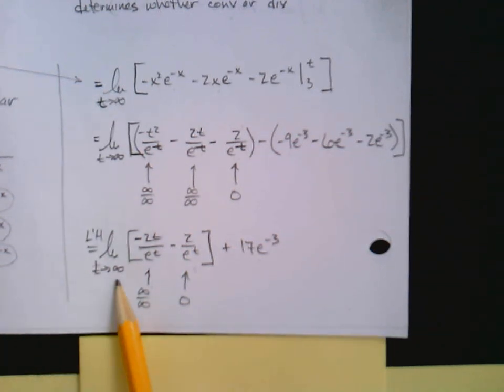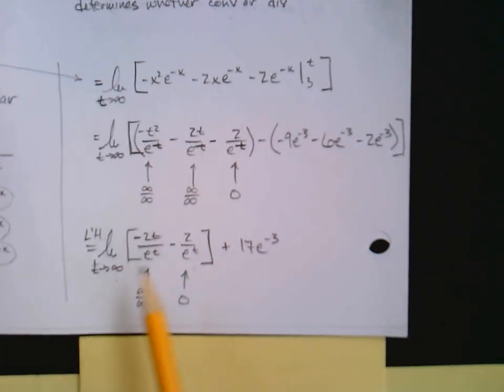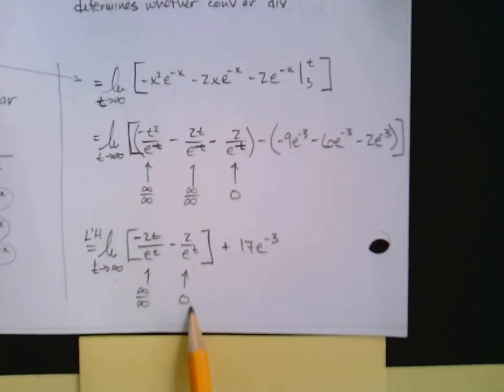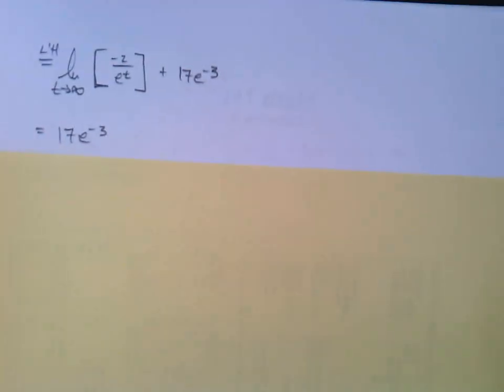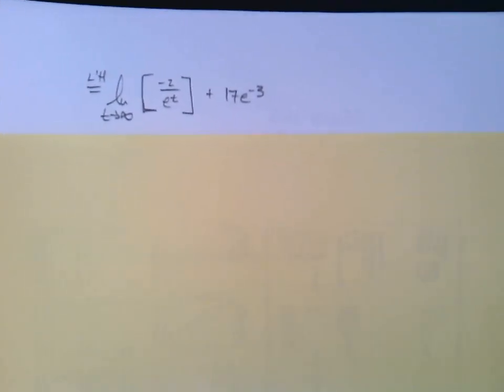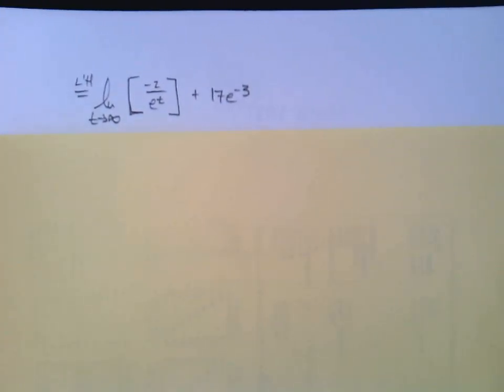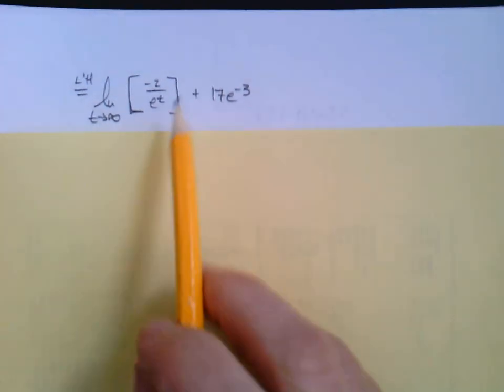We're still taking the limit. Now after L'Hopital's rule, I can tell this goes to 0, but that one I'm going to need L'Hopital again. And that's what I've got on the next page. Applying the L'Hopital again brings me to here.